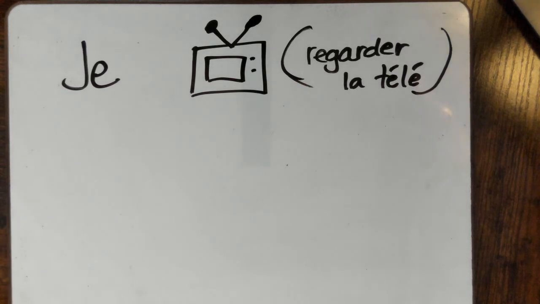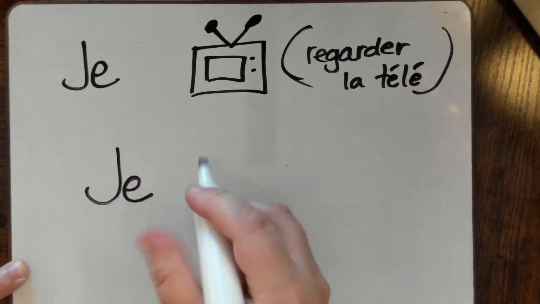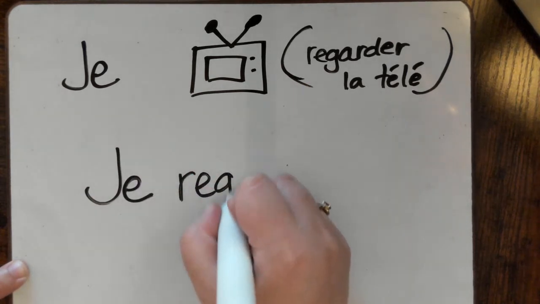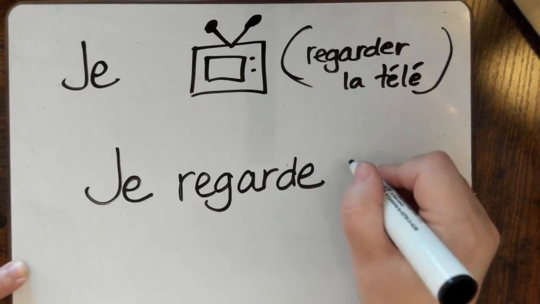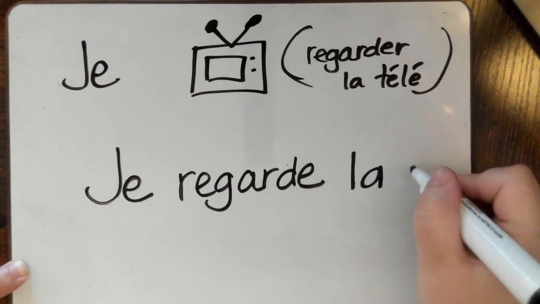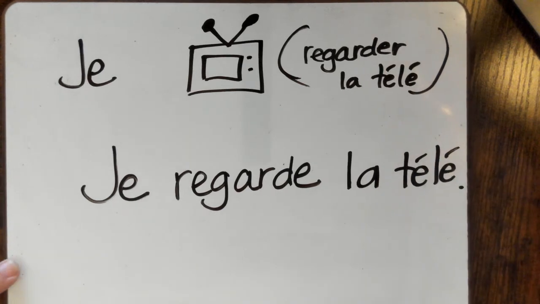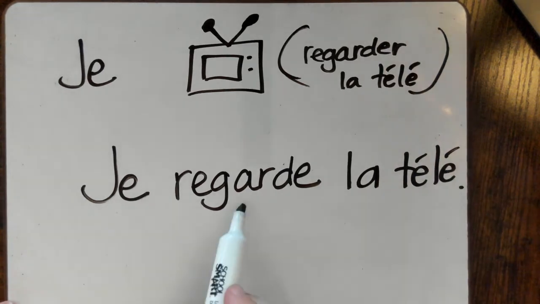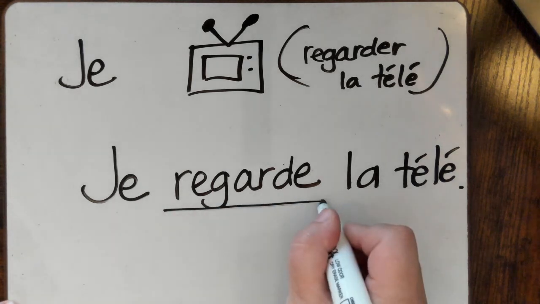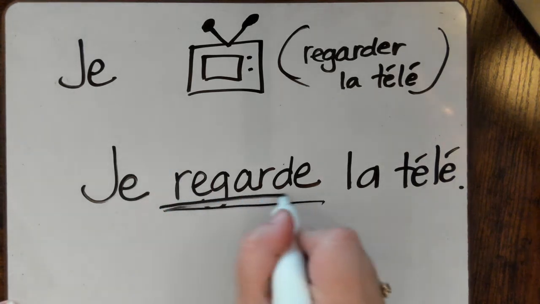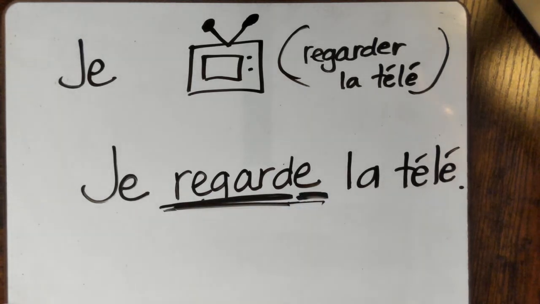So let's do this one together. So your answer to this would be je regarde la télé. So I watch TV. This is the conjugated verb. Here's my stem, and here's my ending.